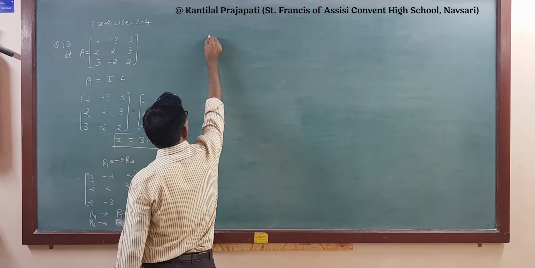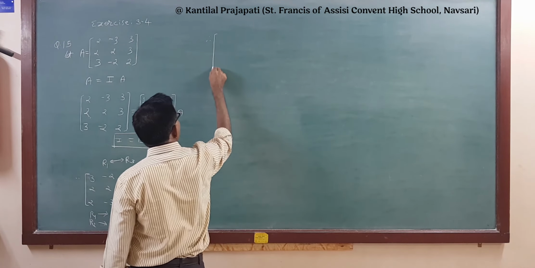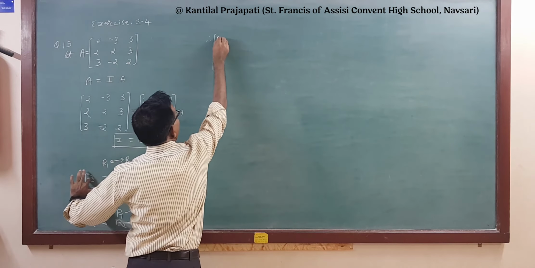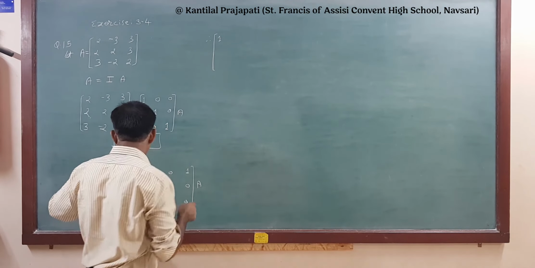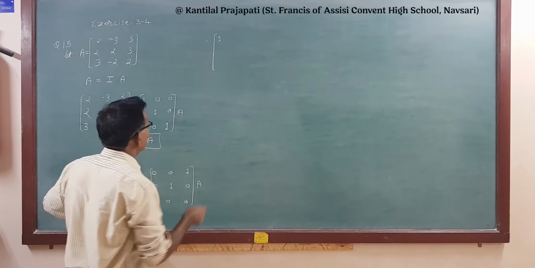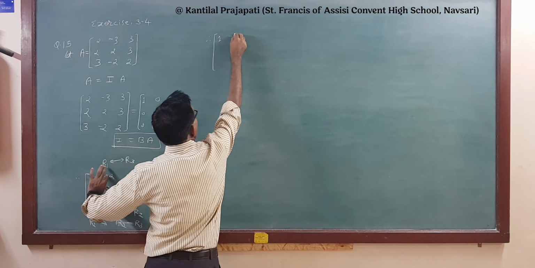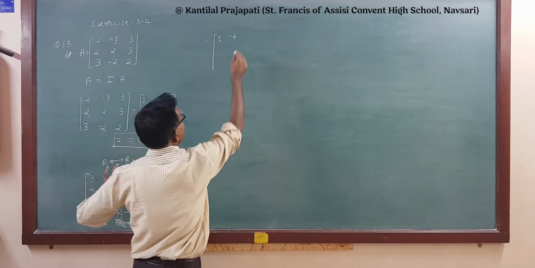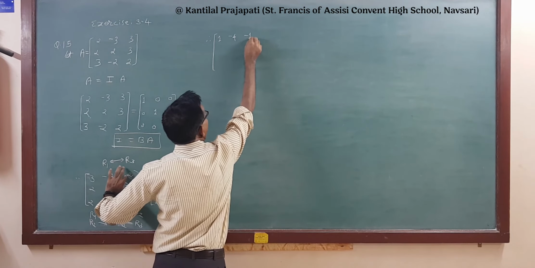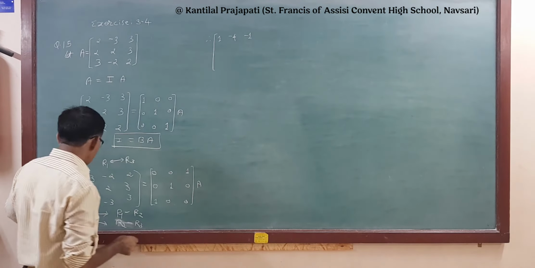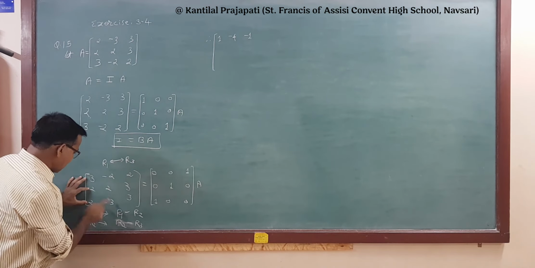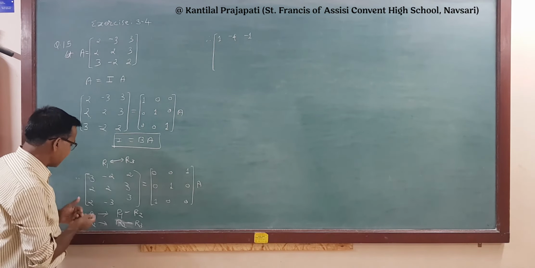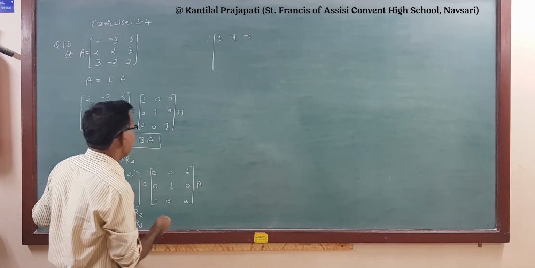So therefore, what is changed in the matrix? The first, 3 minus 2 is 1, right? Then 2 minus 2, what is it? Minus 4. Then 2 minus 3 is minus 1, right? Now also we apply this notation R2 minus R3. That is R2 minus R3 means the third row will be subtracted from the second row, corresponding elements.